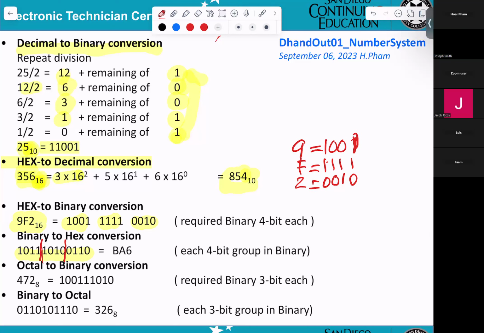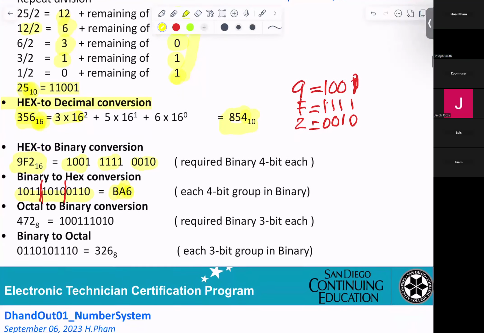Okay, 0, 1, 1, that will be B. Okay. 1, 0, 1, 0, A. 0, 1, 1, 0, 6. Okay. Again, you will get a table. Looking into the table. Then no problem. Okay. We're not talking about any octal.